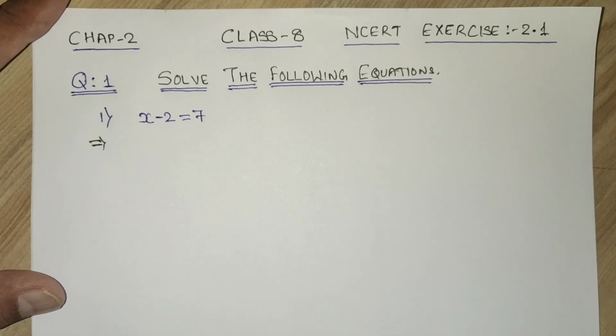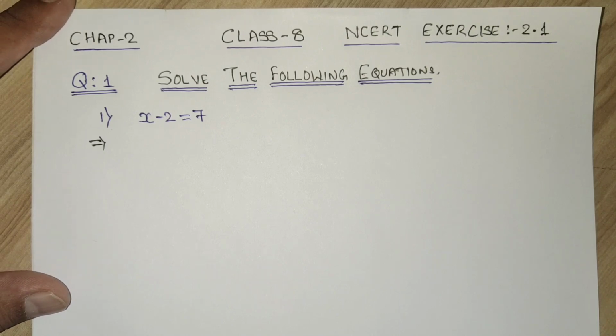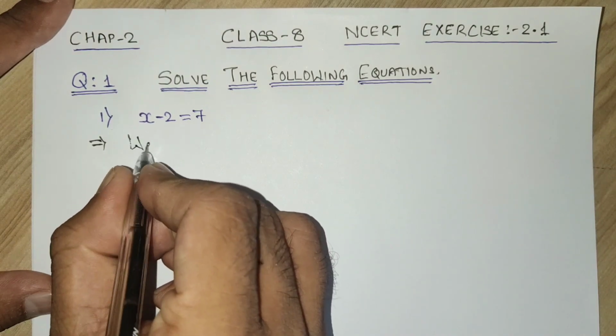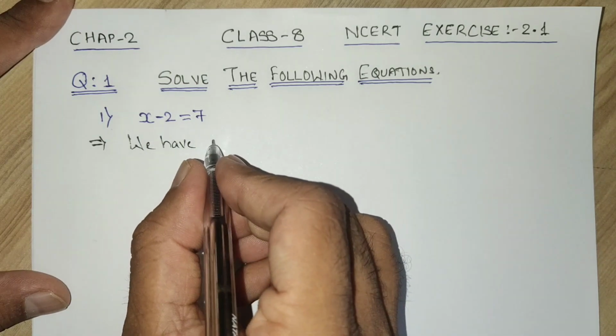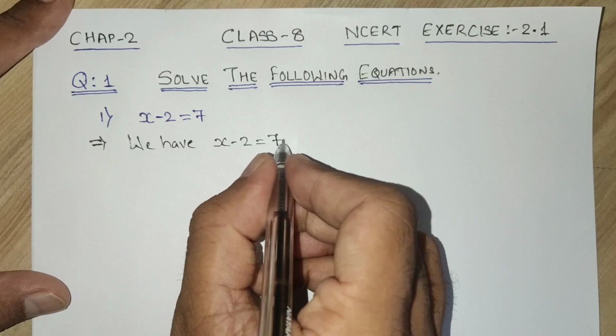We will use the rules which I have discussed in previous lecture. If you have not watched that video, please go and watch it. So let us start. Here we have x minus 2 is equal to 7.